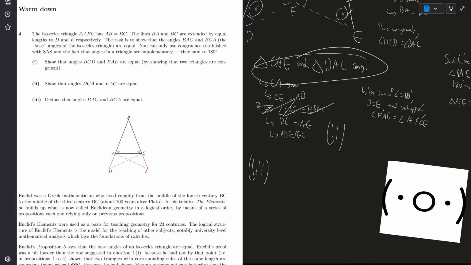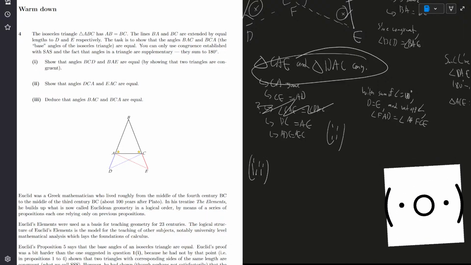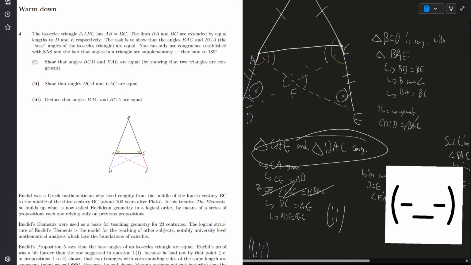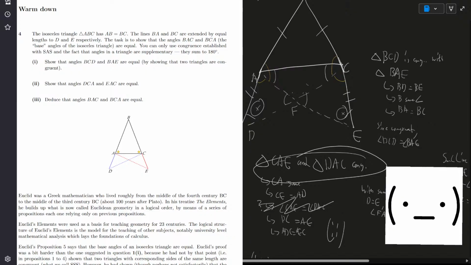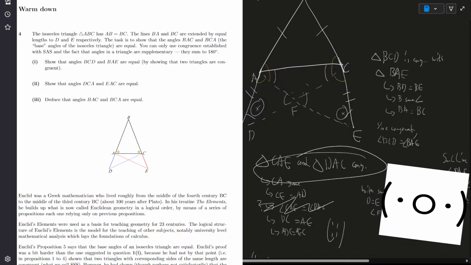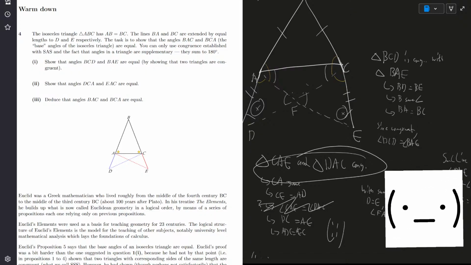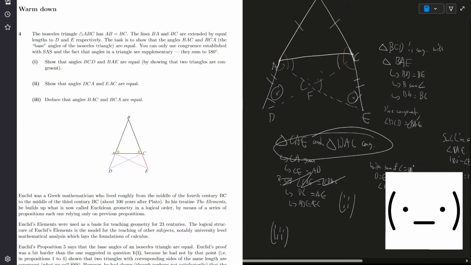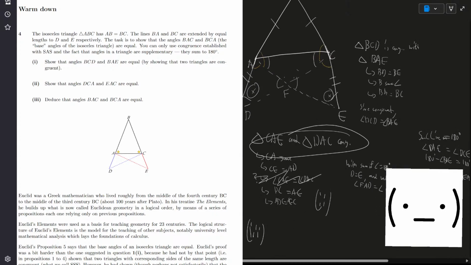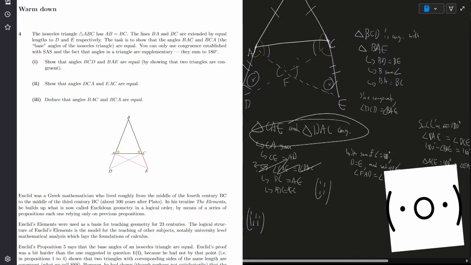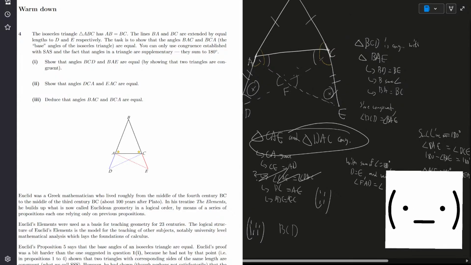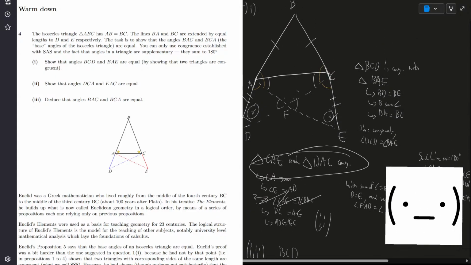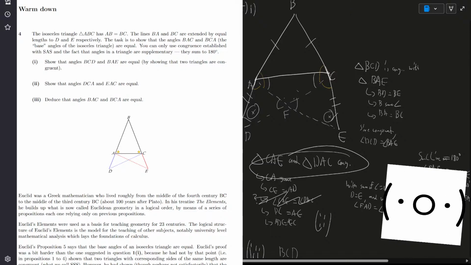Whatever. So now we're looking at triple I. Deduce that these angles are equal, which is fairly obvious. I mean, just BCD. Wait, BCD.